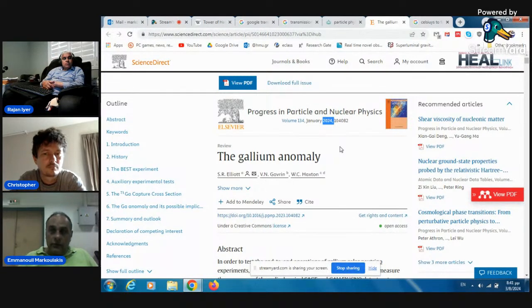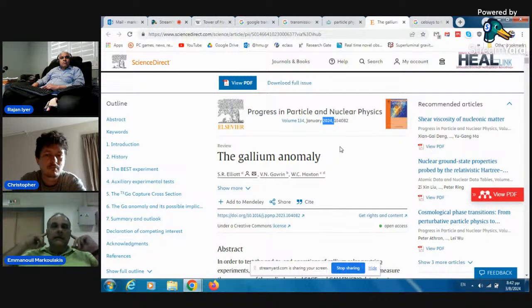A right-handed neutrino is also called a sterile neutrino. You know sterile? You cannot have kids. So the sterile neutrino will not react with the gallium atoms. That's why you have this deficiency of 20% less. So that's the explanation, but they cannot prove it yet. They do experiments all the time, but they have not proven it.